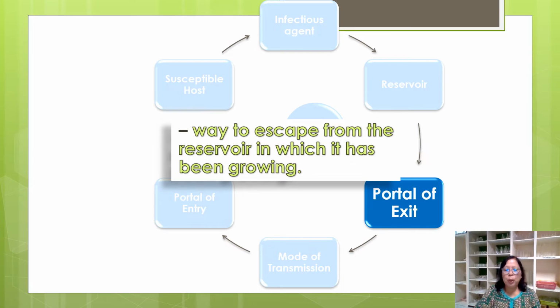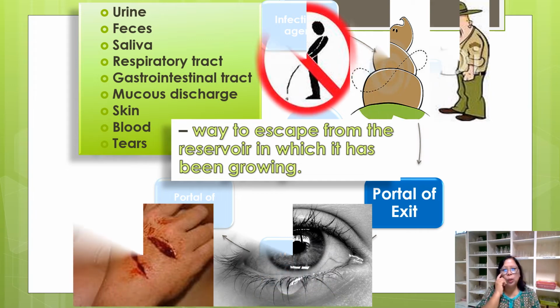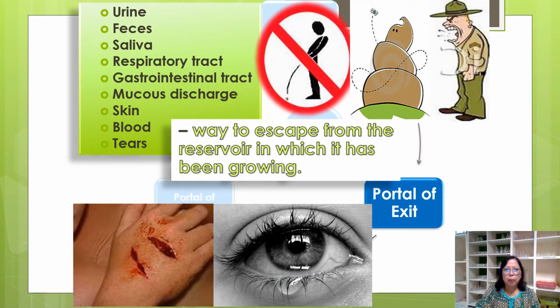But if we fail the functioning of the portal of exit, then the mode of transmission could also come in. Now, what are we going to look at as a portal of exit? Okay, the urine could be a portal of exit. The saliva could also be a portal of exit. The respiratory tract could also be a portal of exit.